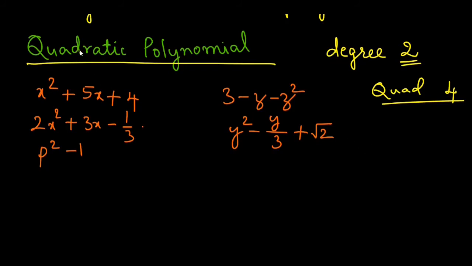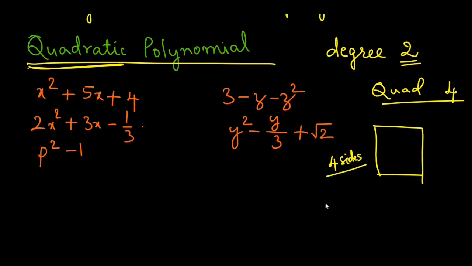But here we should remember that a quadratic polynomial means a polynomial with degree 2. This word quadratic has come from square. A square has 4 sides. When a side is x, its area is x square. So this is a square.